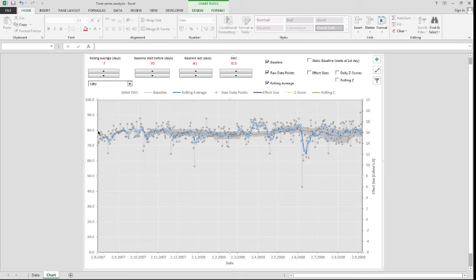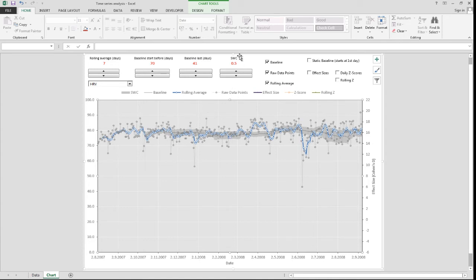In this case, baseline is a bit longer than the 7 days average, and it doesn't include the 7 days rolling average inside of it. So it's basically manipulating the start and the length of the rolling average box, if you can visualize it, so to speak.